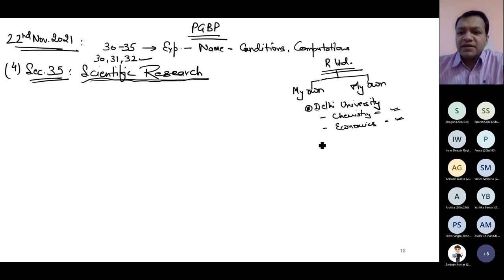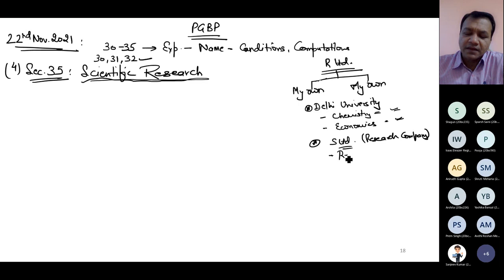Not only Delhi University, there might be a company S Limited, a research company. This is a private company, not a government company. This company is engaged in research work.